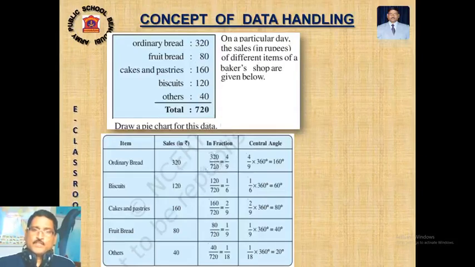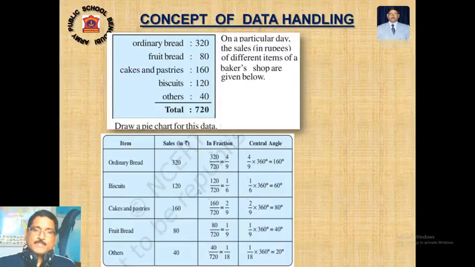So 320 by 720. After cancelling, I am getting 4 by 9. If you do not cancel here, no matter, you have to do it afterward also. So this multiplied by 360. After cancelling, I am getting 160 degrees. So the ordinary bread sale of rupees 320 is equivalent to 160 degrees within the circle.